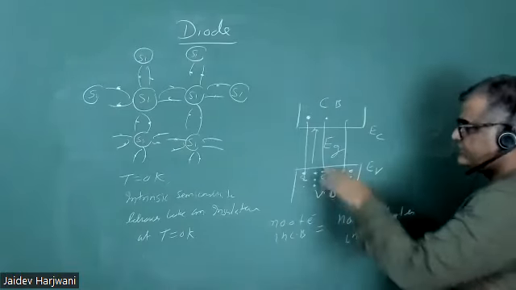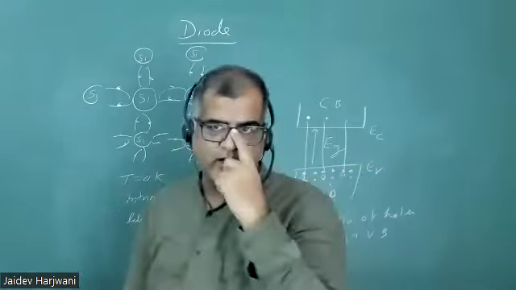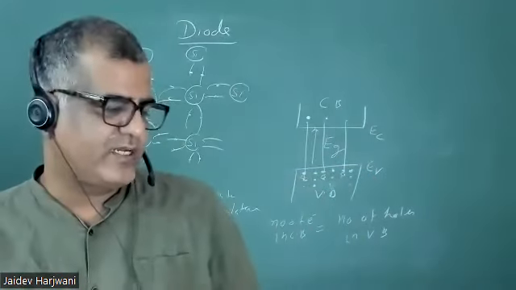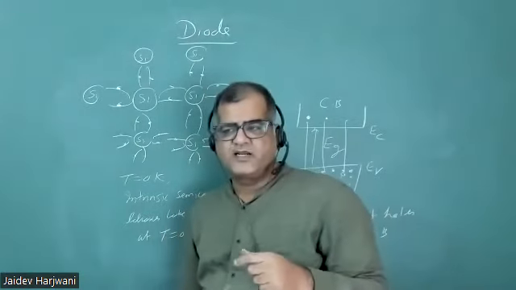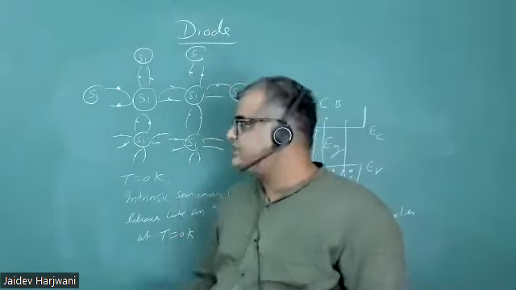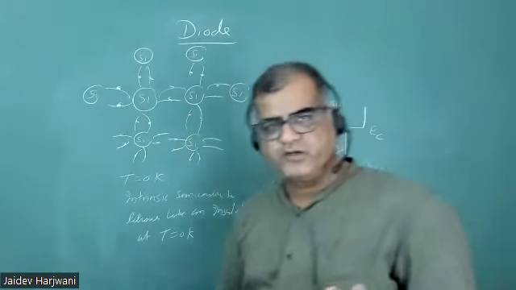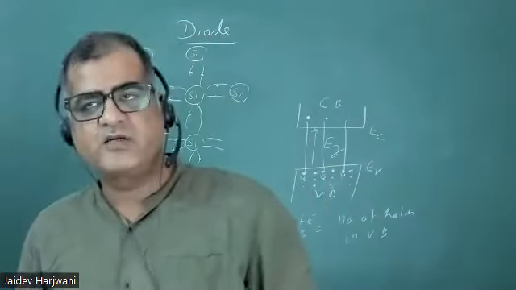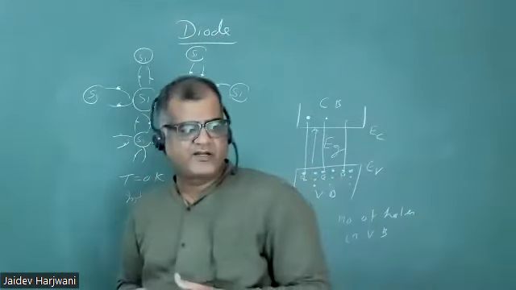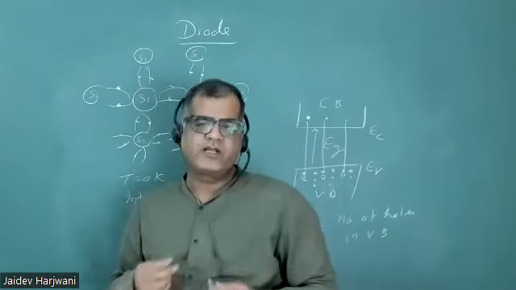Now, in order to make an intrinsic semiconductor conducting, you require high temperature, say 100 degrees centigrade, 200 degrees centigrade. These kinds of semiconductors are not useful for practical applications where you are working at room temperature, or in countries where the temperature is well below 45 degrees.